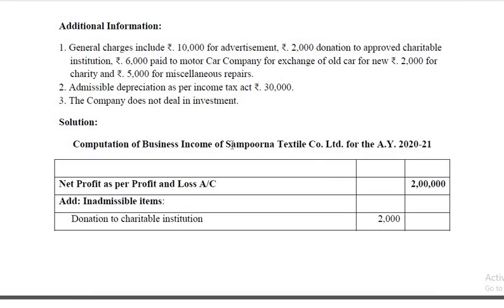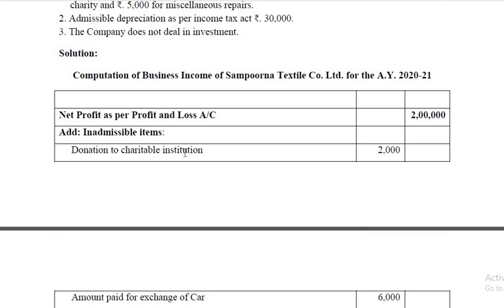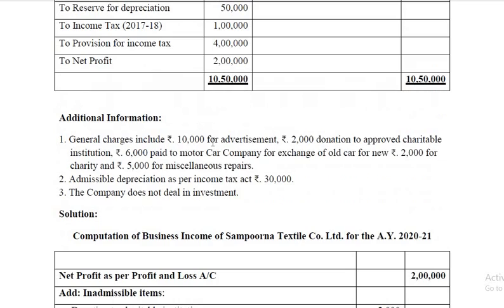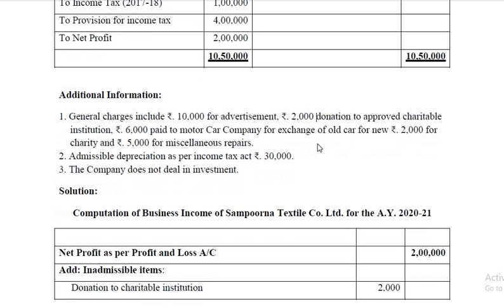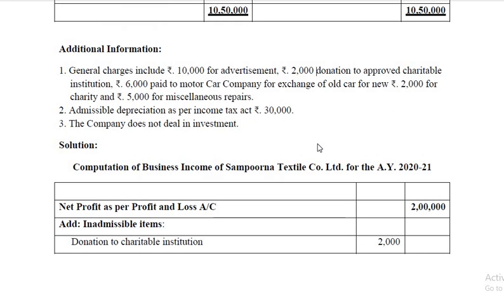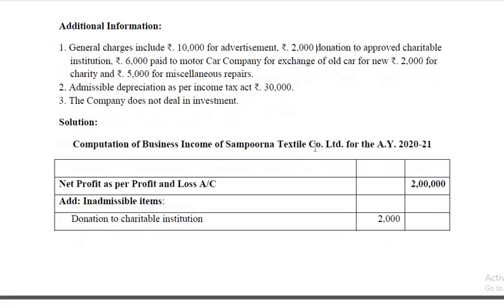Then disallowed or inadmissible items which are debited to profit and loss account are added back. The items are inadmissible expenses which are debited to profit and loss account but not allowed. Like donation to charitable institution, you have come across 2000 here. I told you that falls under limit donations and is eligible for 50% reduction of the qualified amount.